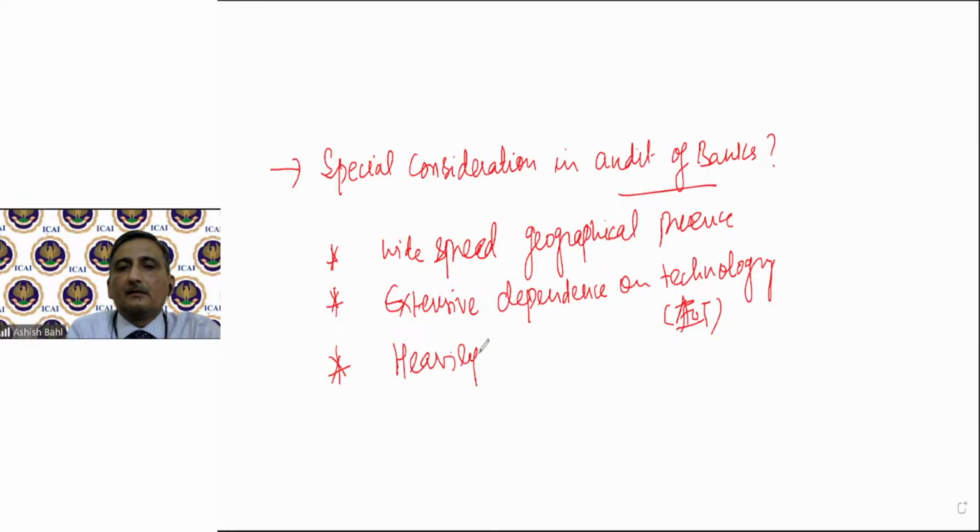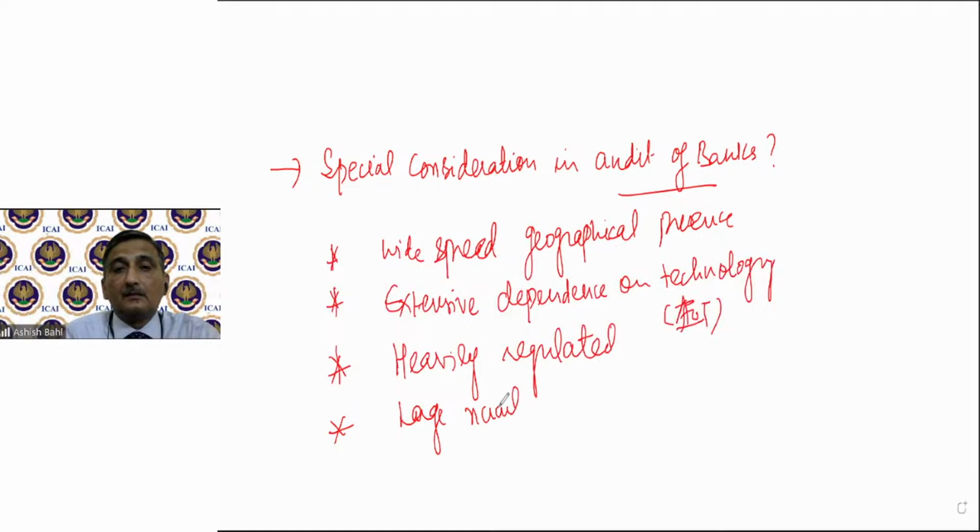Heavily regulated. Okay. And large number of transactions. It means scale of banking operations is greater. So all these points and similar points, students, you can very well understand. These are sort of self-explanatory.